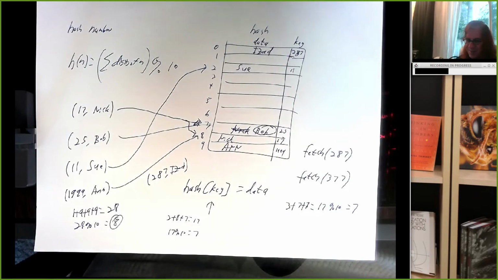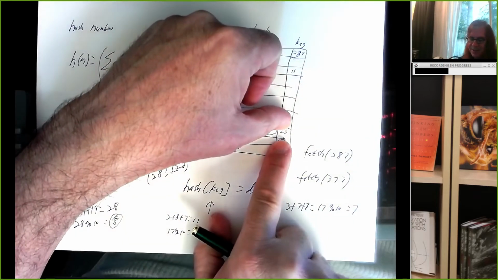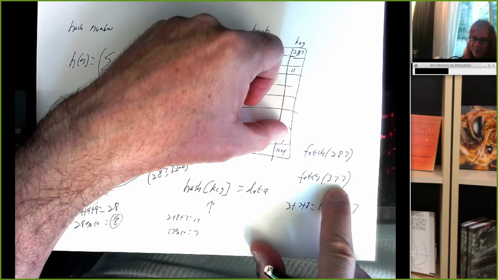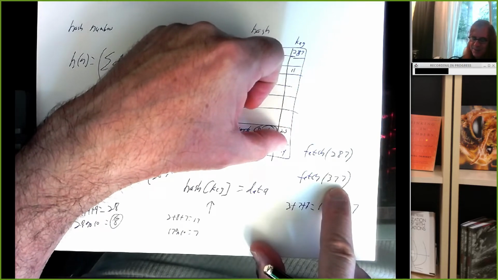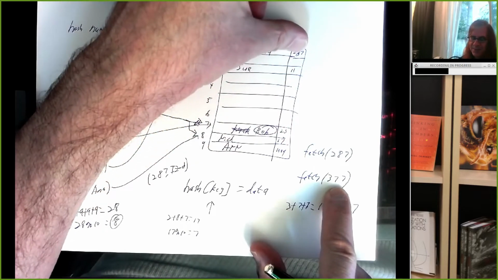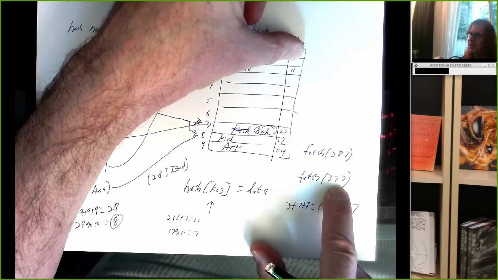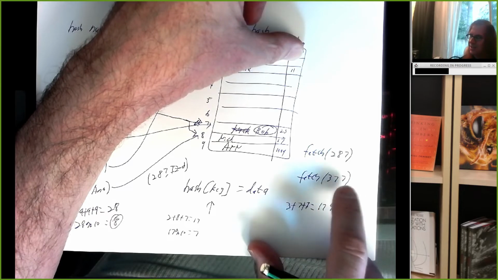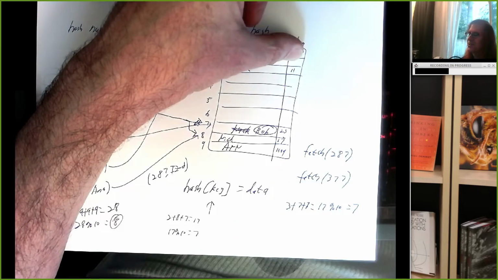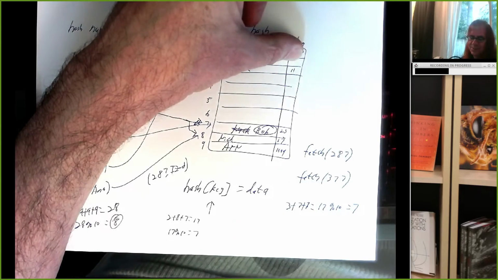So again, we'd come out here to location 7. This is key 25. That's not what we want. Go to the next spot, 17. Nope. Next spot, 1999. Nope. Next spot, 287. Nope. Next spot, nothing stored there. Then and only then we can conclude, hey, there is no data associated with this key in our hash table. This is not found.